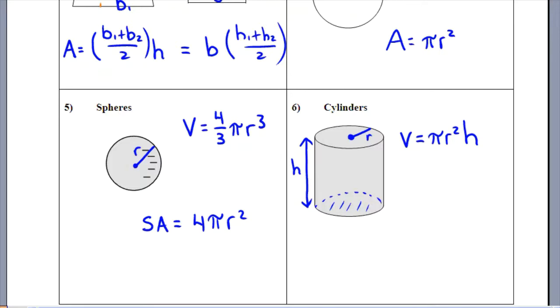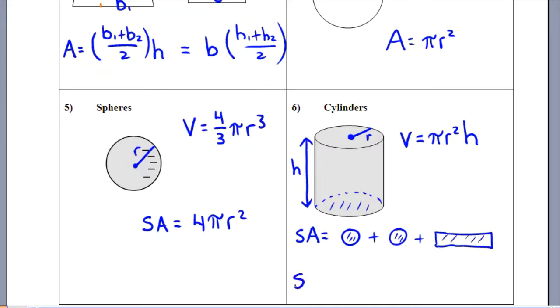If you have to find the surface area of this cylinder, if you have to paint it, well, if you think about it, it's going to be one circle plus another circle plus a label that goes all the way around this soup can. And that label is actually beautifully rectangular. It's as tall as the can is, and it wraps all the way around the circumference of the can.